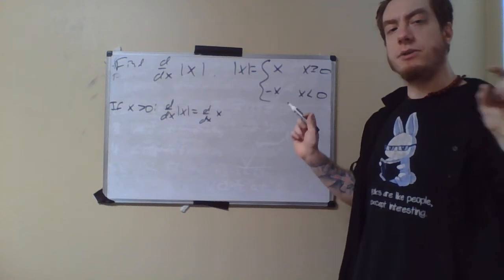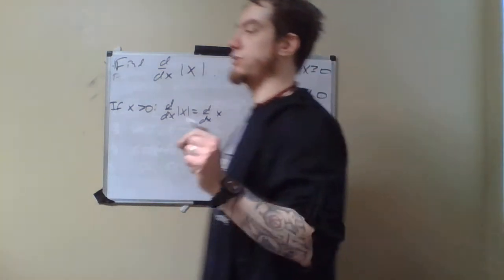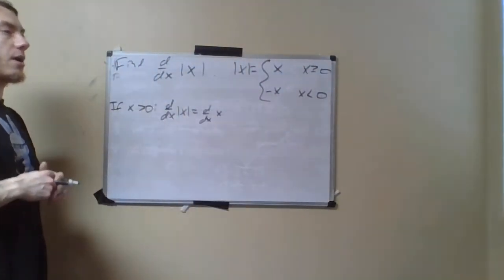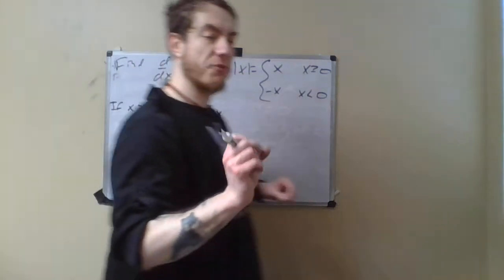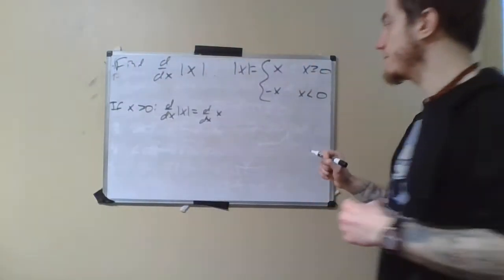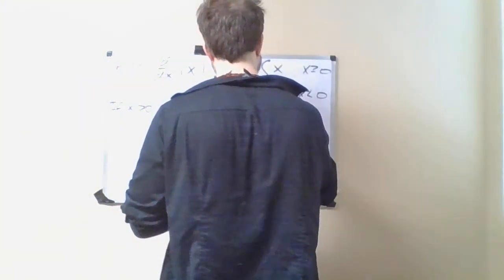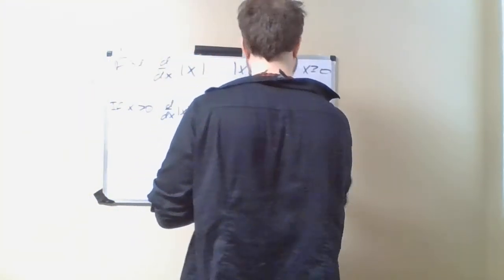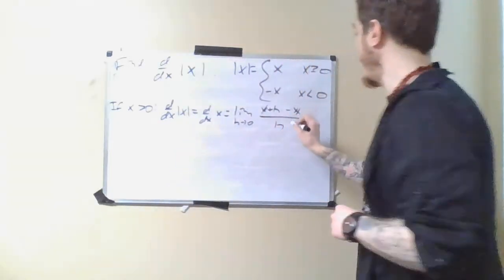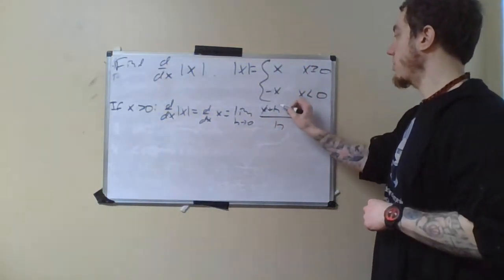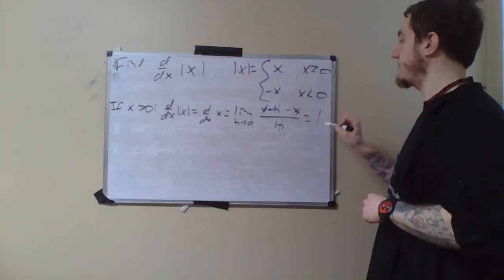That's because we're taking the limit as h approaches 0. So we can ignore everything that happens except for very small values of h. And of course, this is going to be the limit as h goes to 0 of x plus h minus x divided by h. The x's cancel, h over h leaves me with 1, and this comes out to be 1.